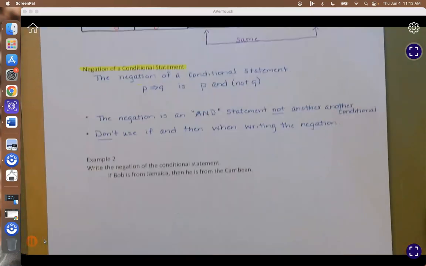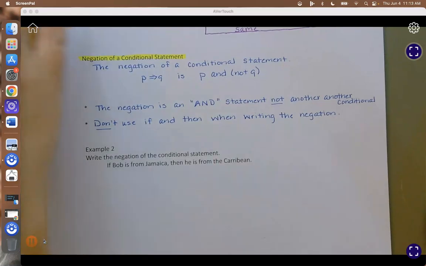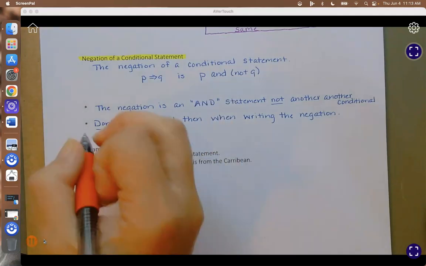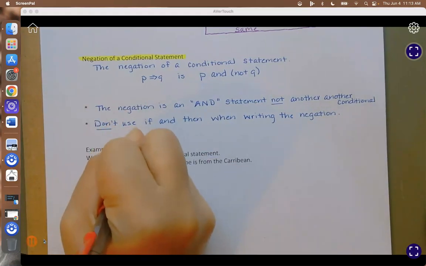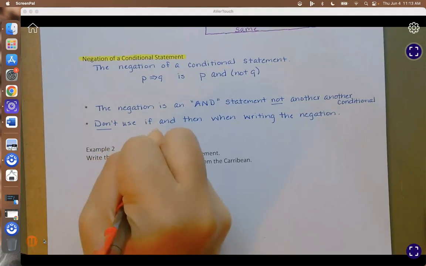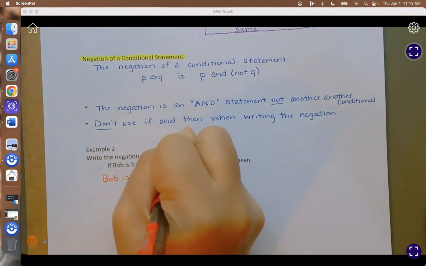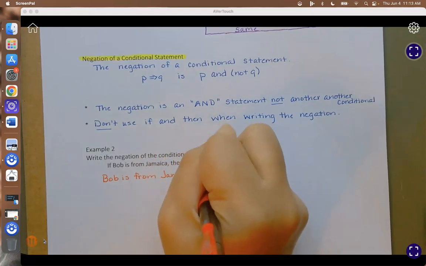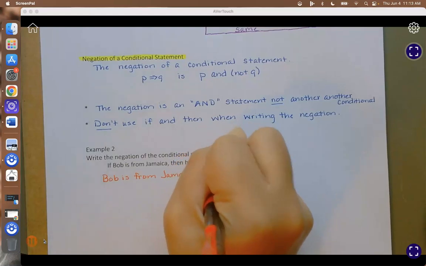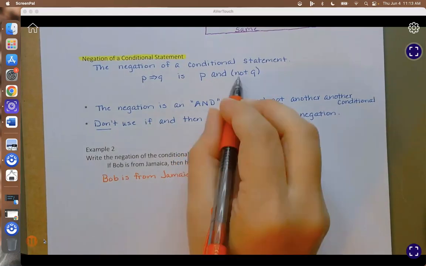All right. So example 2. Here we go. We're going to write this negation. So if Bob is from Jamaica, then he is from the Caribbean, however way you want to pronounce that. So remember what we do. We drop the if and then. We keep the P the same. Bob is from Jamaica, and comes an and.